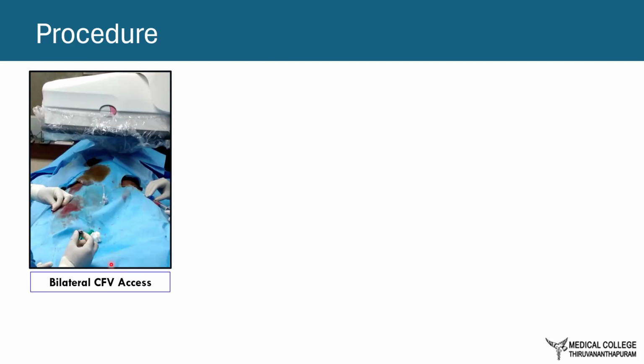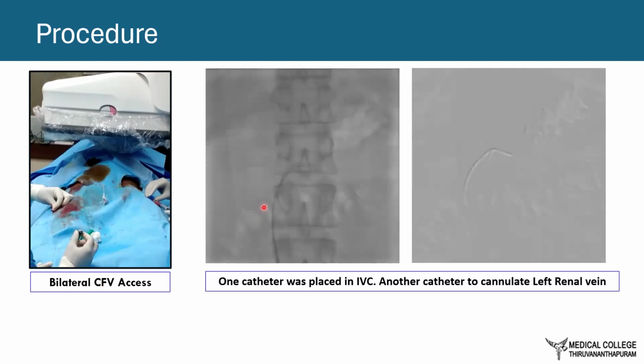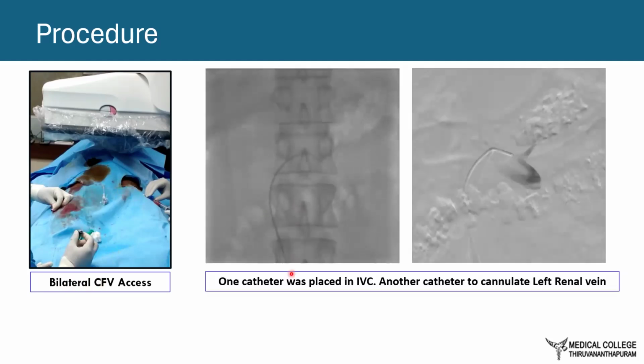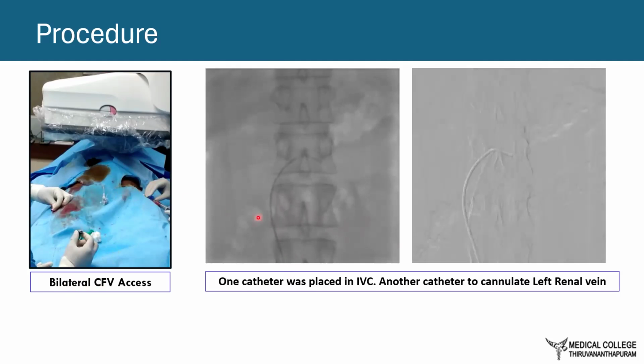So whatever test we do, we take a bilateral CFV access. In both the common femoral veins, we have placed a 5 French sheath bilaterally. Initially we keep one catheter, a straight vertebral glide catheter, from the left access into the IVC.